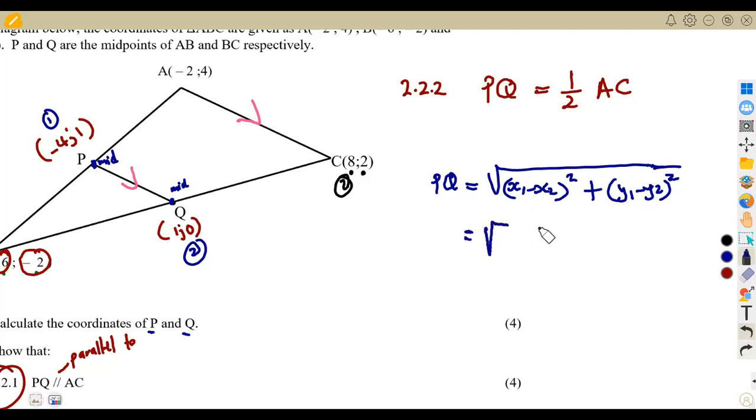So it is going to be the square root of -4 minus 1, squared, plus the y values: 1 minus 0, squared. This gives us the distance, or length, of PQ. You can just use your formula, or simplify directly on your calculator.